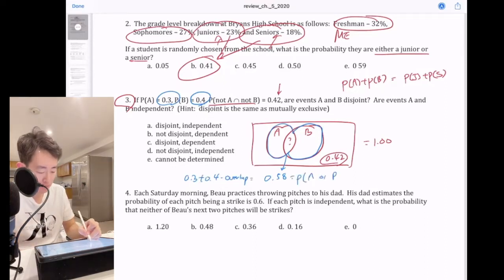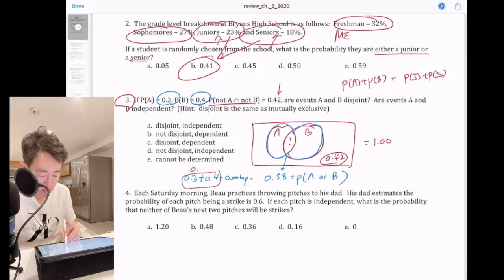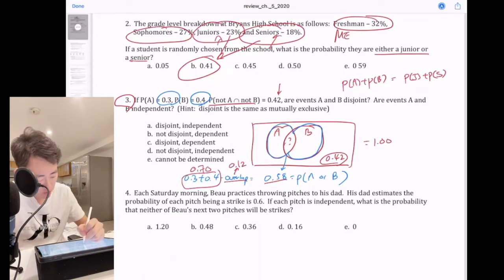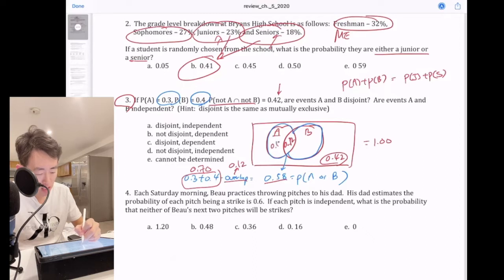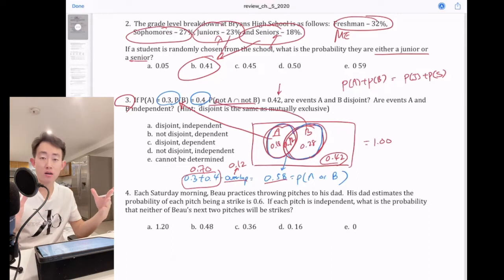So if you do the math here, that's 0.70 minus this overlap gives you 0.58, which means the overlap has to be 12%. So I can fill that up with 0.12 in the middle. That will leave A as 0.18, because 0.12 plus 0.18 gives you 30%. 0.12 plus 0.28 together gives you 40%. Now we have our sample space. We have all the numbers listed.